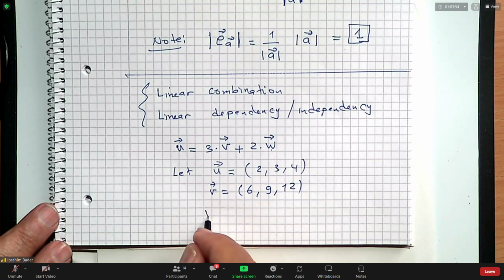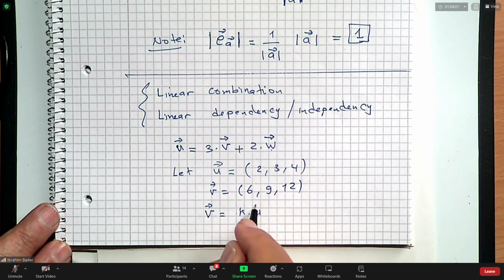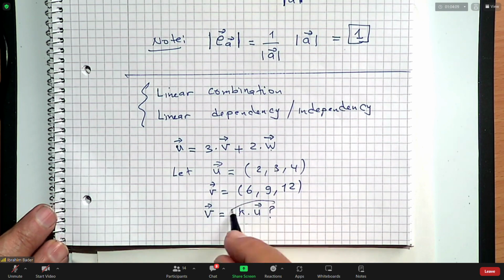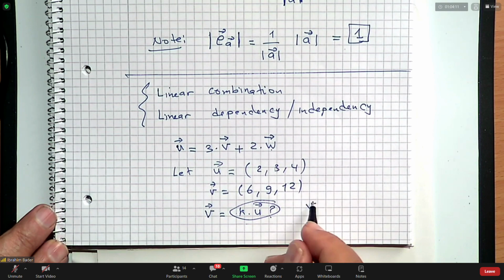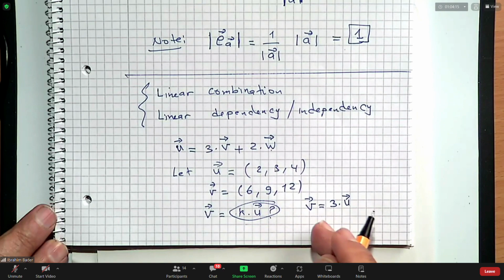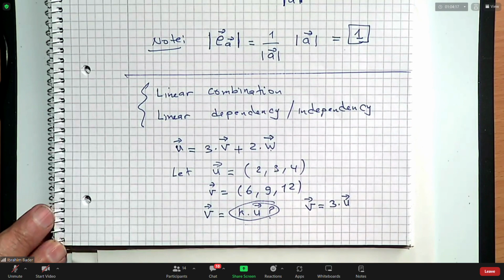Meaning, can I write v equals some constant times u? Is it possible? Yeah, obviously, v equals 3 times u. So in this case, v is a linear combination of u.